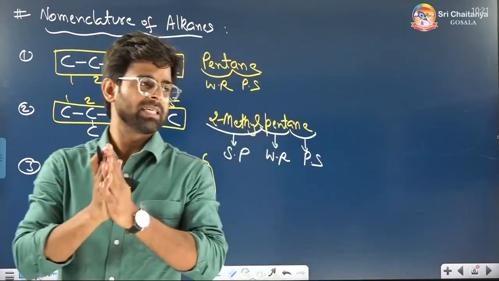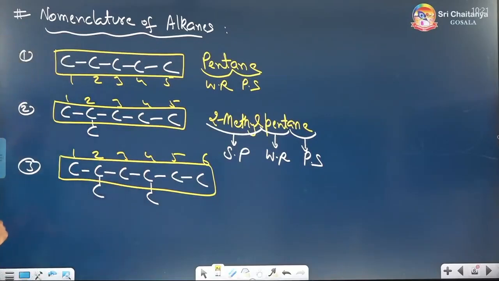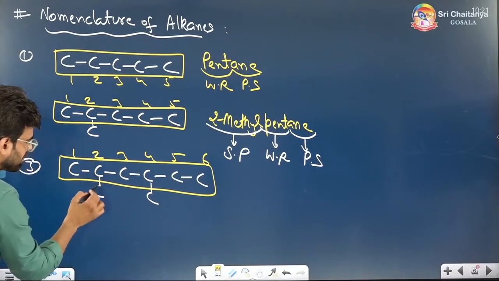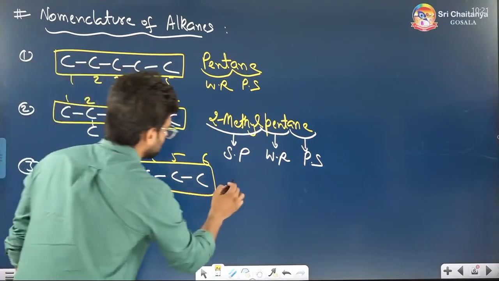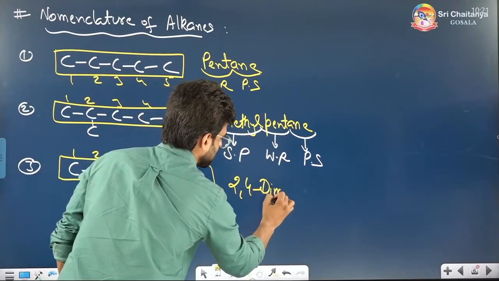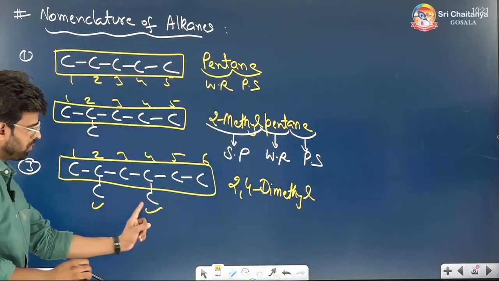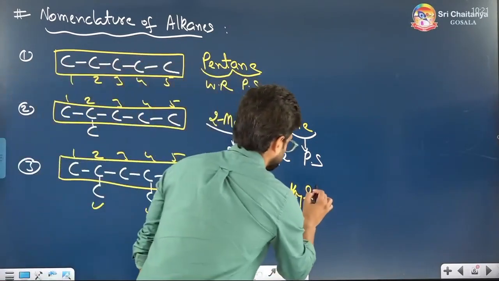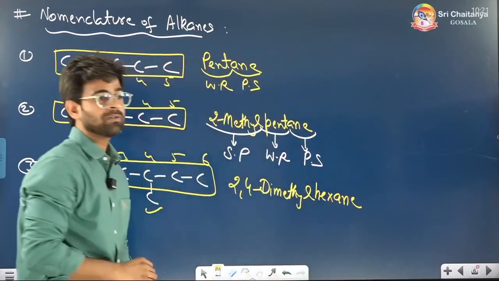Everyone is doing great and everyone is giving answers. It's a very good thing. Great. So, our substituents are at which locations? 2 location and 4 location. What will I say? I will say 2, 4. As there are two methyls, I am saying dimethyl. 2,4-dimethylhexane. Very good.